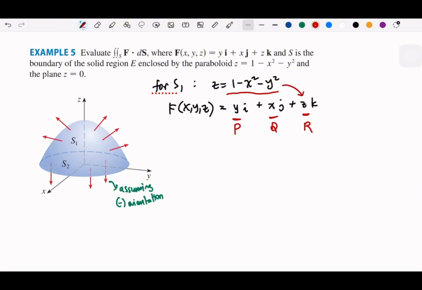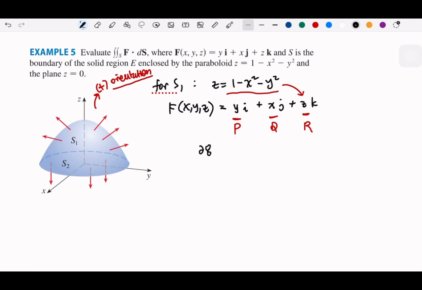We can substitute for this Z. Maybe this is confusing, maybe we could just assume from the picture this is positive orientation. Okay, that's for S1.